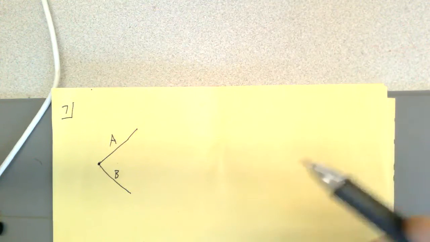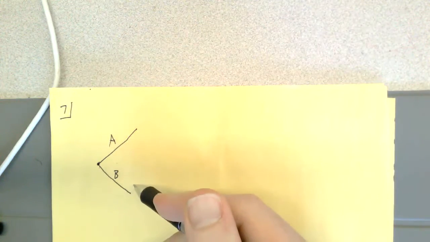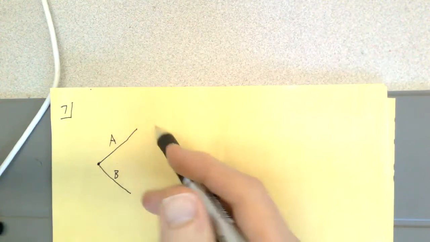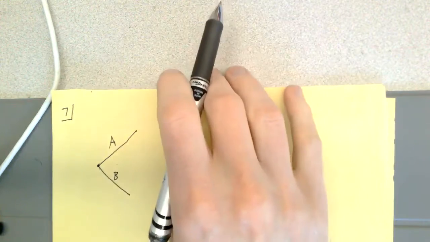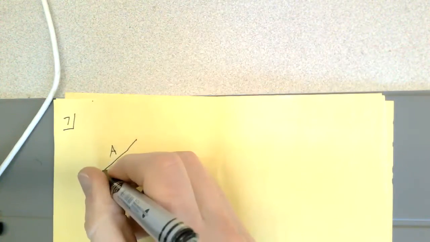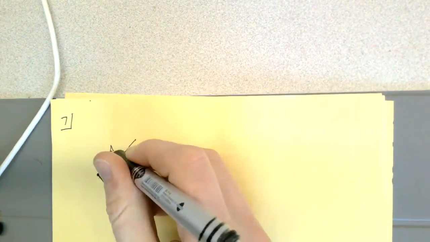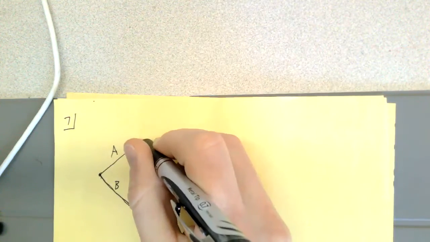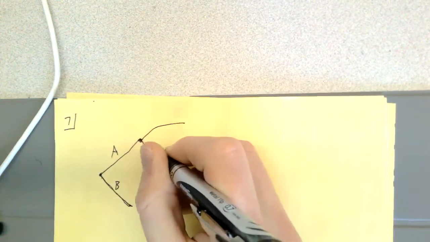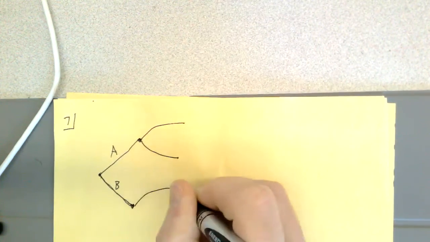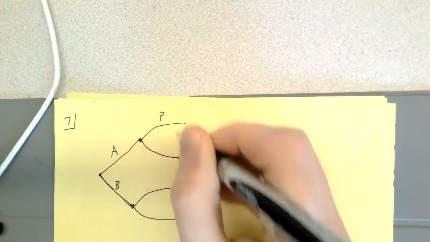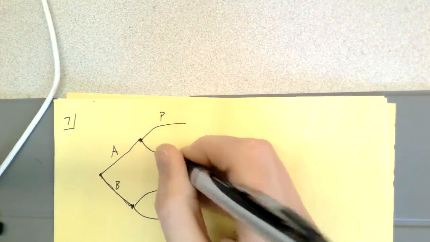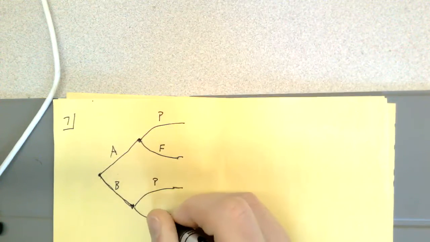And it sounds like the machines have different accuracy, different precision, like maybe machine A's parts are more or less likely to pass the test than machine B's parts. So the first split in the tree diagram is whether the parts are produced by machine A or machine B. And the second split is whether the parts, the bearings, pass or fail the test. So I'm going to label the branches as P and F for pass and fail.